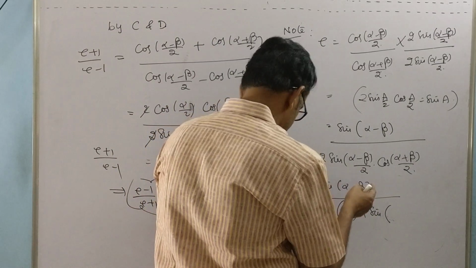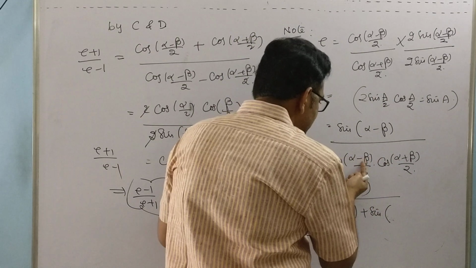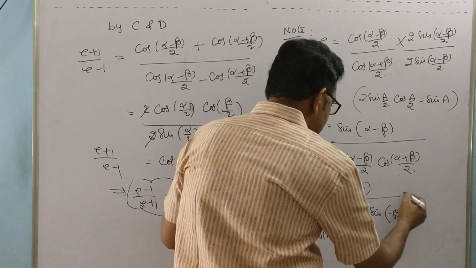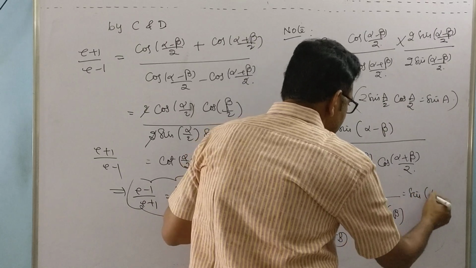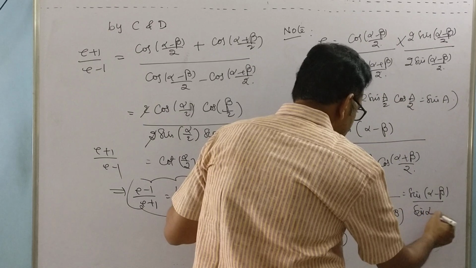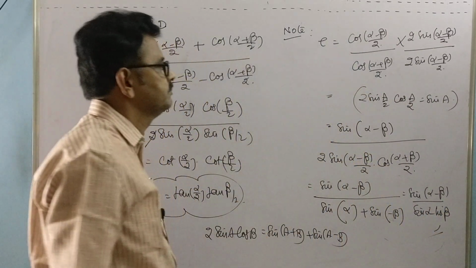So this is sin of A minus B. Alpha cancels, minus beta. That is equal to, this result is sin of alpha minus beta by, so this is sin alpha minus sin beta. So this is one result.